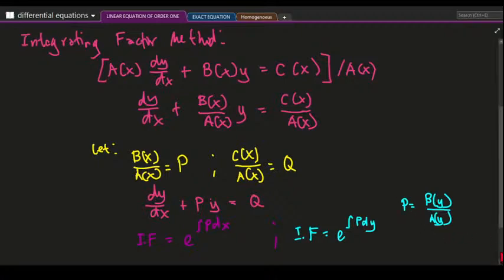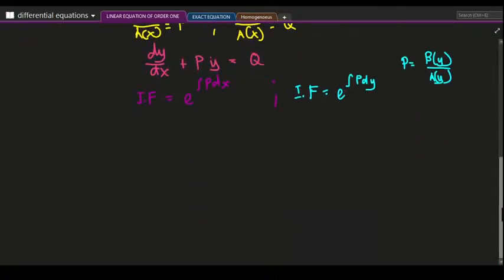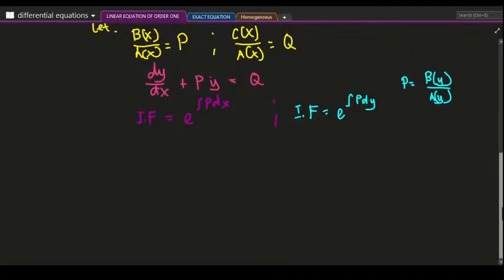So how do we solve linear equations of order 1 using this method? We have the steps.